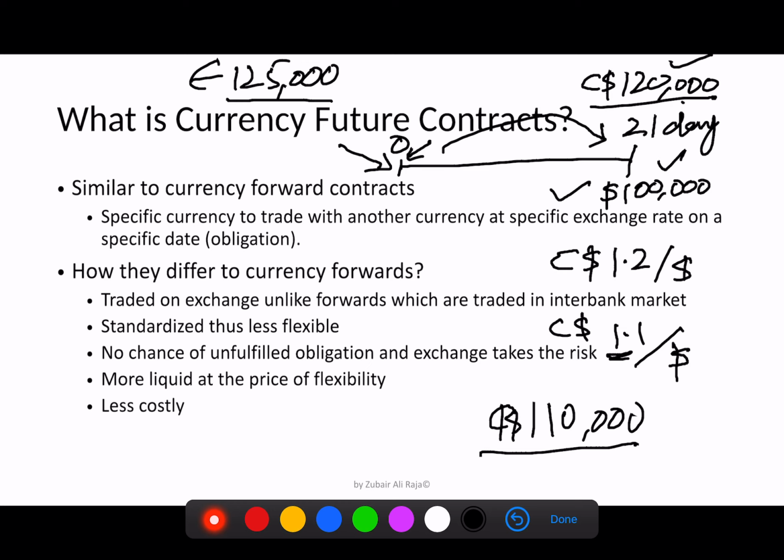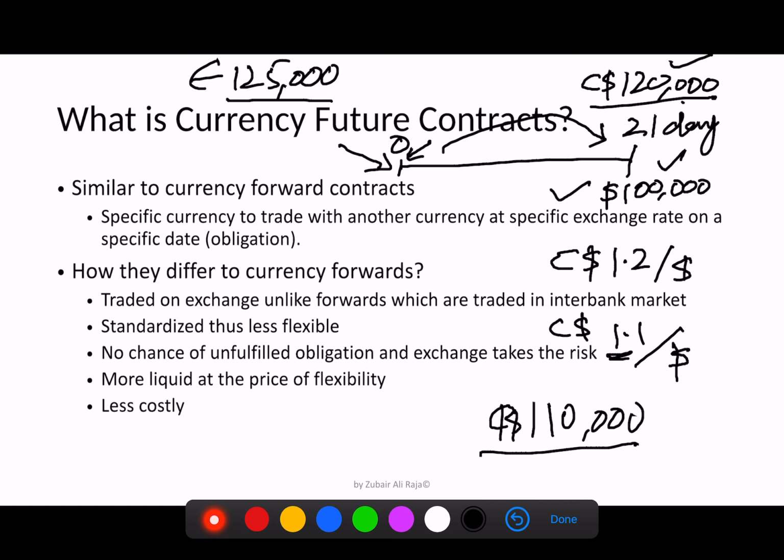If the exchange says that under one contract you can only sell 100,000 euros, then you can sell one contract of 100,000 euros, and the remaining 25,000 you cannot sell through the future contracts, and you might remain unhedged for that 25,000, or you can simply sell in the forward market.